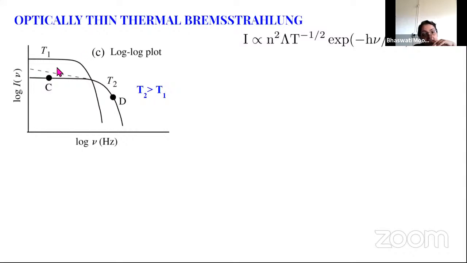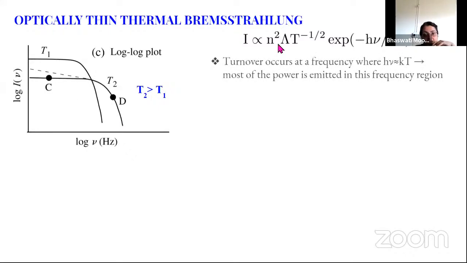Now let's take a look at this turnover. That is also very obvious. This is an exponential, so beyond a certain point it will take over and cause the drop off. And where will that drop off be? Where hν becomes almost equal to kT, so hν by kT approximately close to 1 is where we will see the turnover.